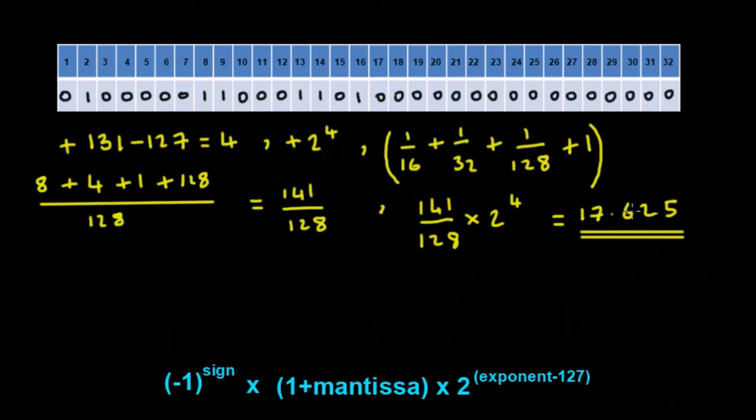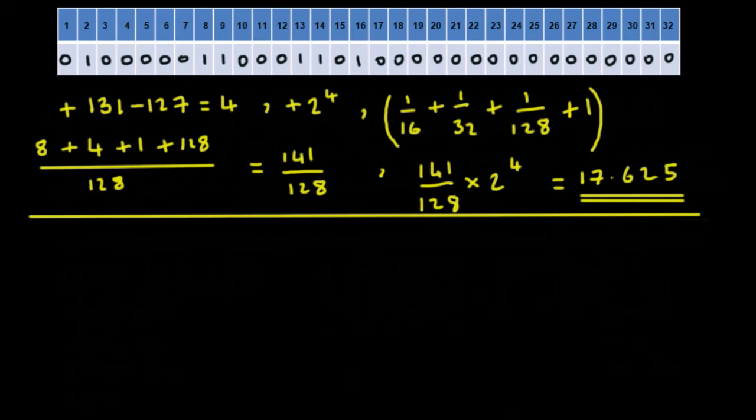So let's go and we'll work our way back from the 17.625 and we'll get back to the floating point binary number. So this next step is going to be from decimal to the floating point binary number. I've moved the equation out of the way and also shifted this up a little bit just to give us some more room here.